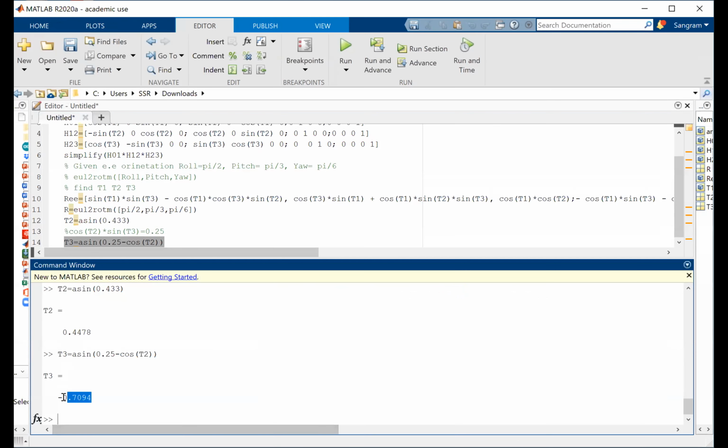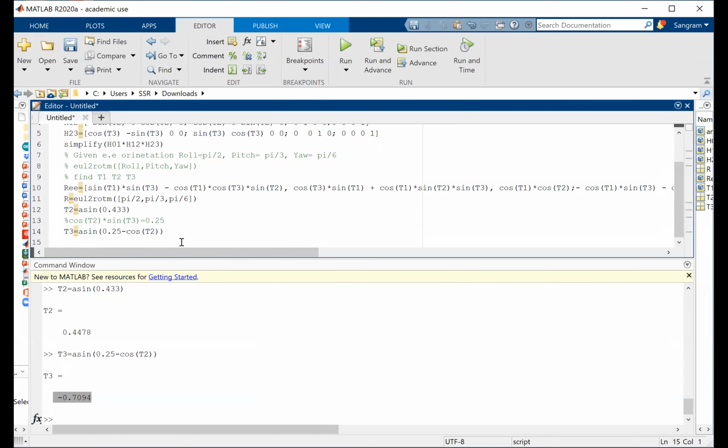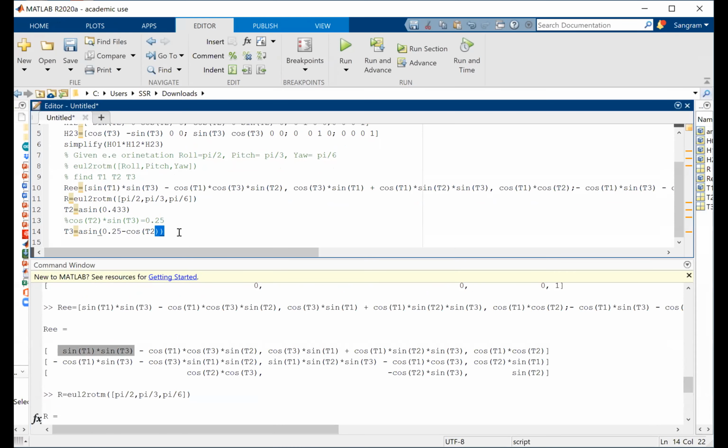I got T3. Now the last but not least, I need to find T1. So let's find the equation. Can you see the first equation that has sine T1, sine T3? It's divided, correct.